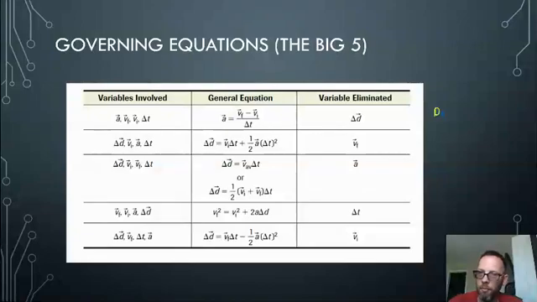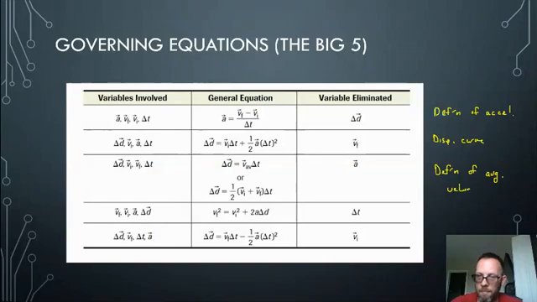These are just my names for them. Definition of acceleration. The second one I call the displacement curve equation. The third equation here is just the definition of average velocity.